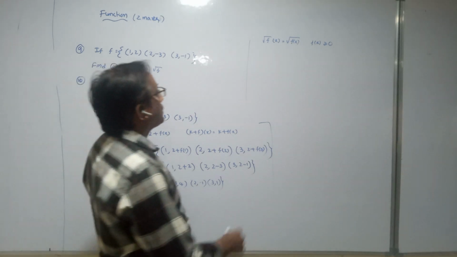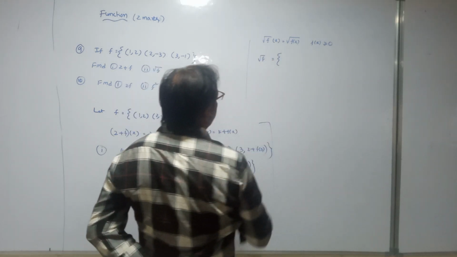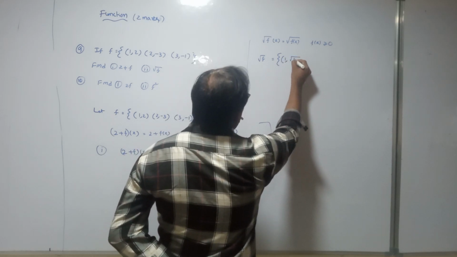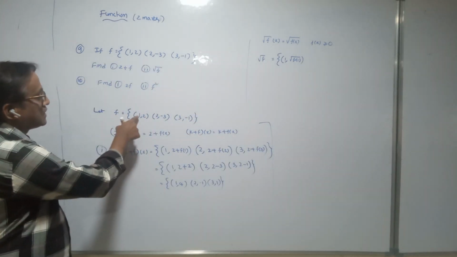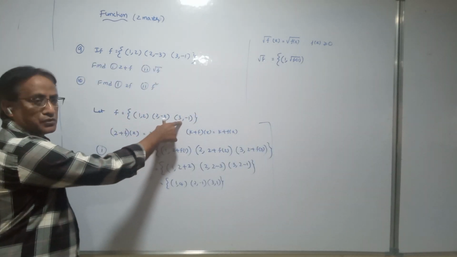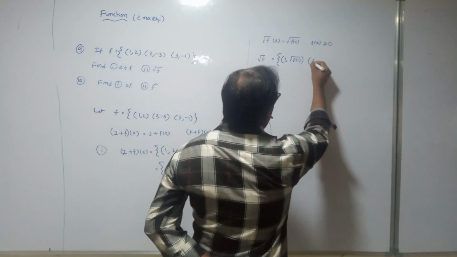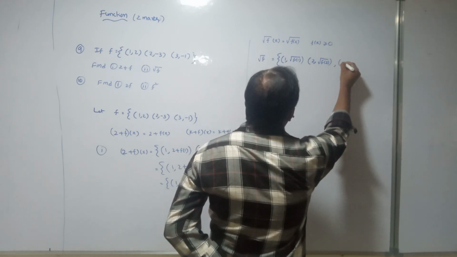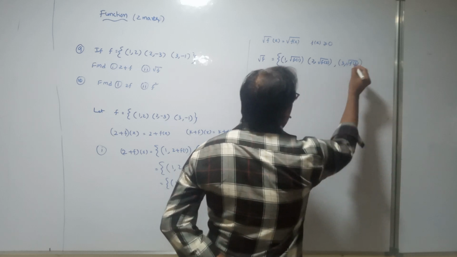Now, square root f is defined as the set of (1, root f of 1), and so on. 1, 2, 3 are the elements in the domain. And (2, square root of f of 2), (3, square root of f of 3).